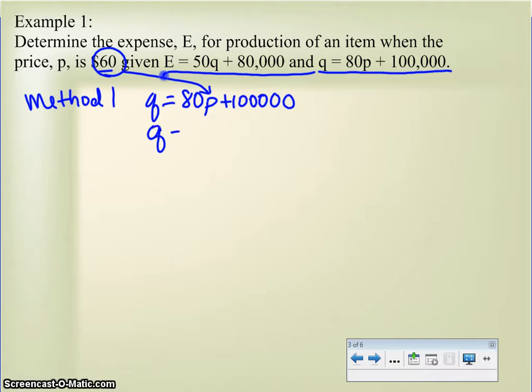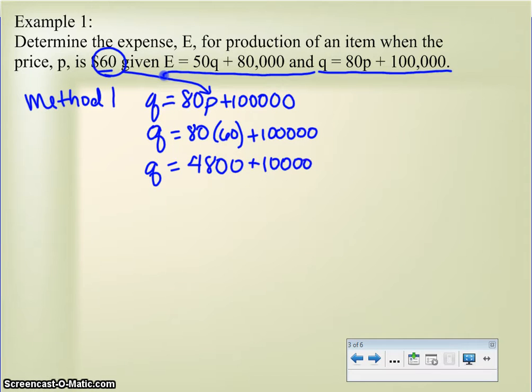We end up with Q equals 80 times 60 plus that 100,000. 80 times 60 is 4,800 plus the 100,000, and then we end up with Q equals 104,800.